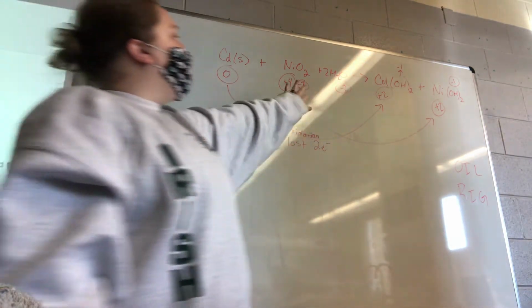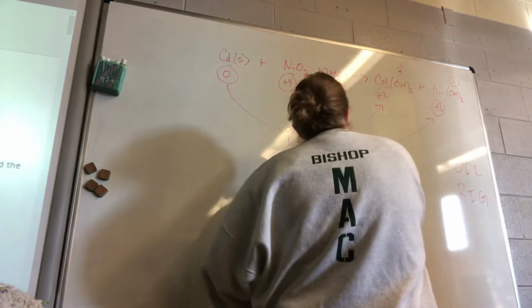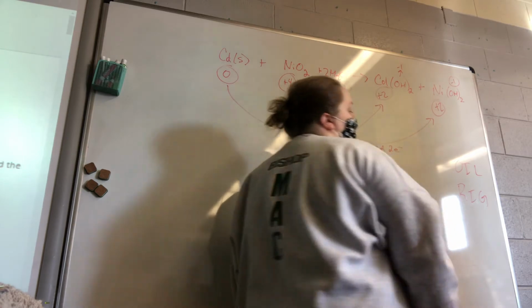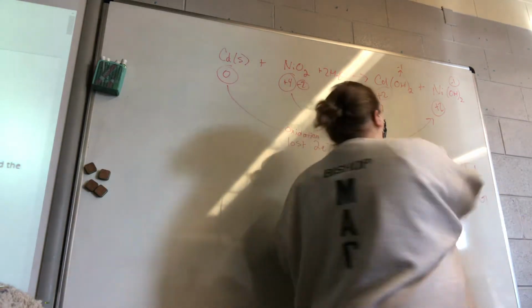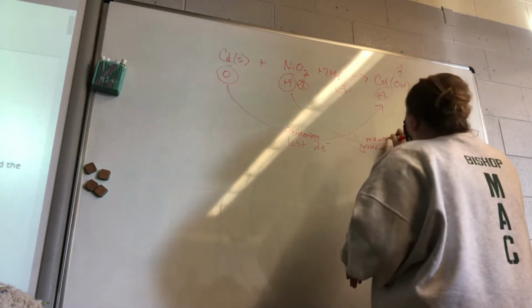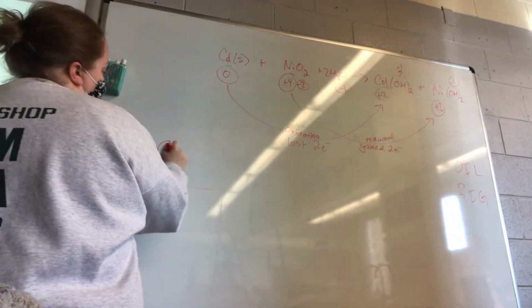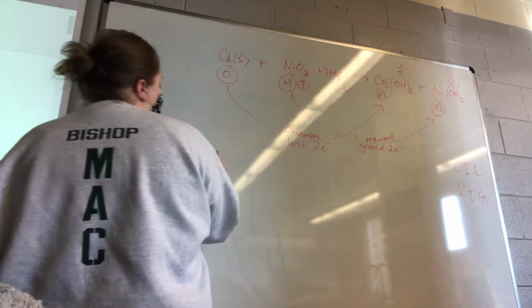All right, for the nickel, we went from a +4 to a +2, so what happened? It gained 2 electrons. In gaining 2 electrons, it was reduced. So we would say that cadmium was oxidized.